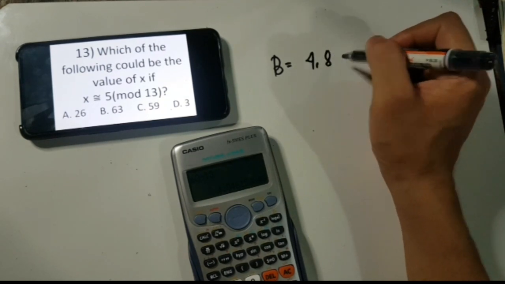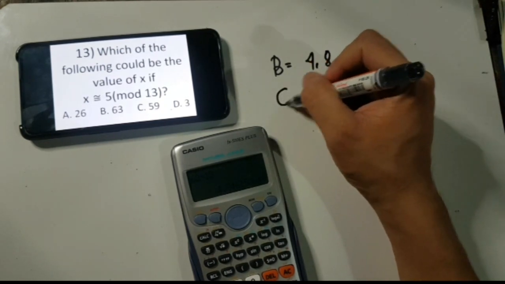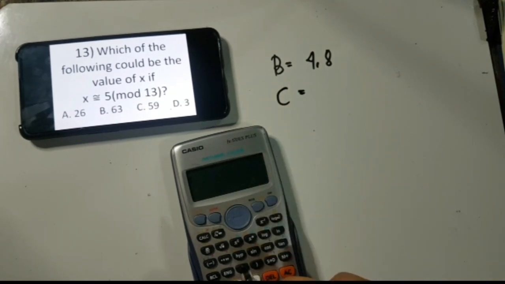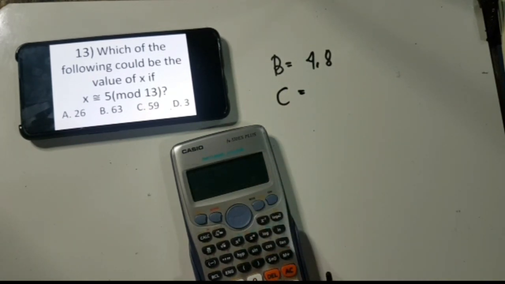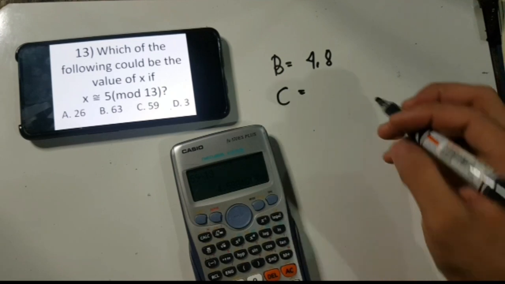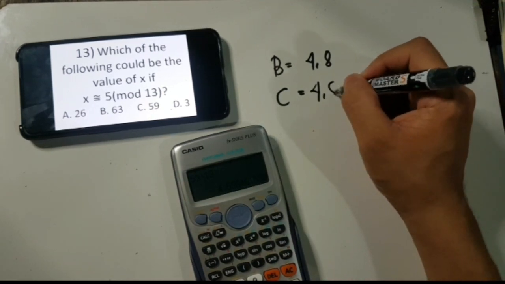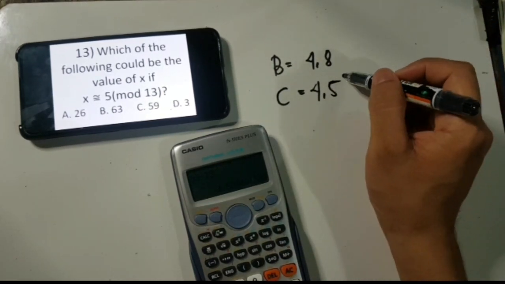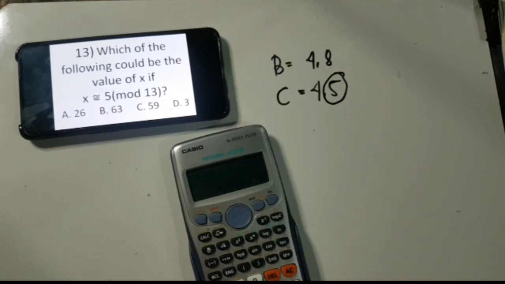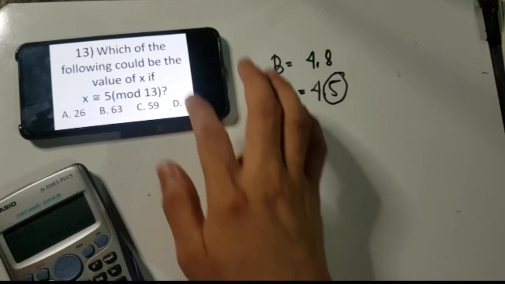So, hindi siya yung sagot. Si C, try natin. So, 59 divided by 13. So, that is 4.5. So, ang sagot natin is letter C. Dahil siya yung may remainder na 5.